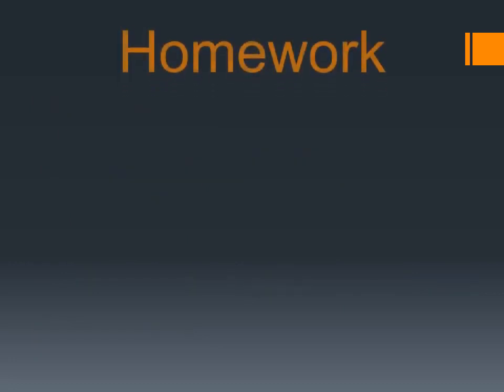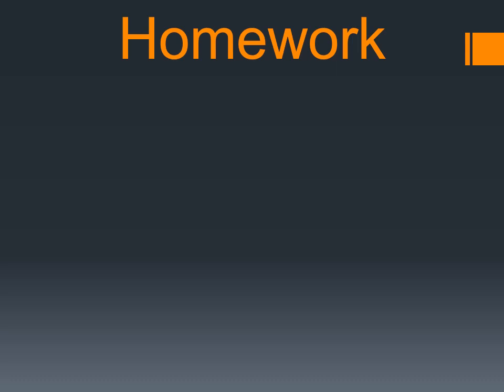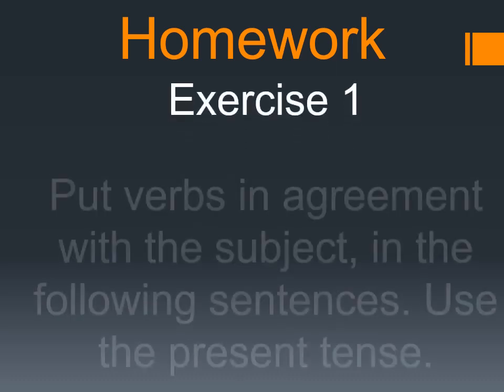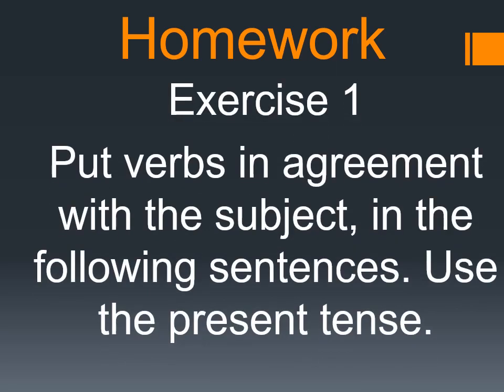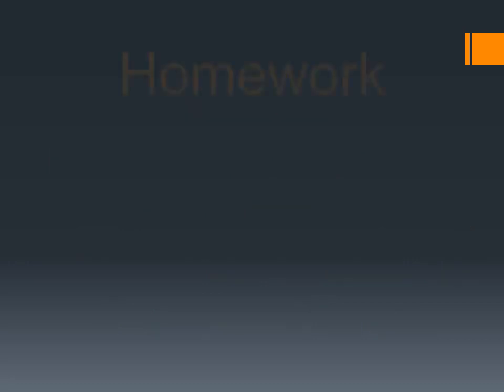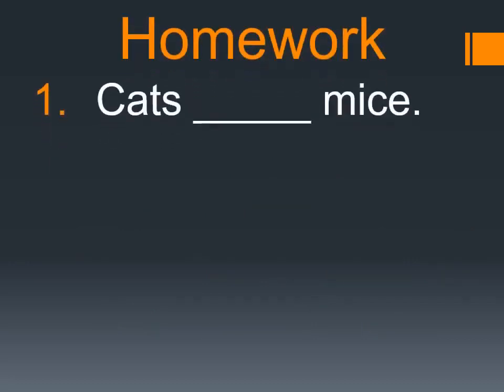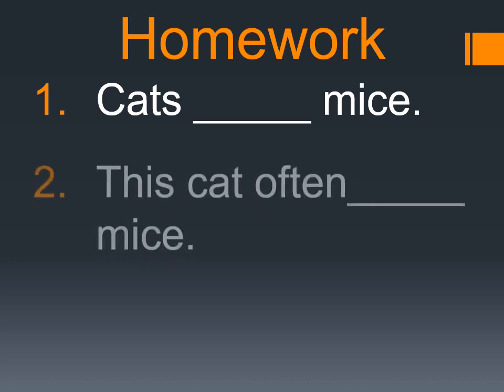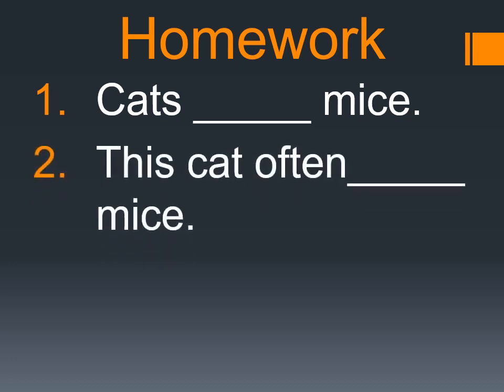Now this is the time to assign you homework. Exercise 1. Put verbs in agreement with the subject in the following sentences. Use the present tense. Cats dash mice. For example, let me tell you one or two answers. Cats eat mice, or cats chase mice.